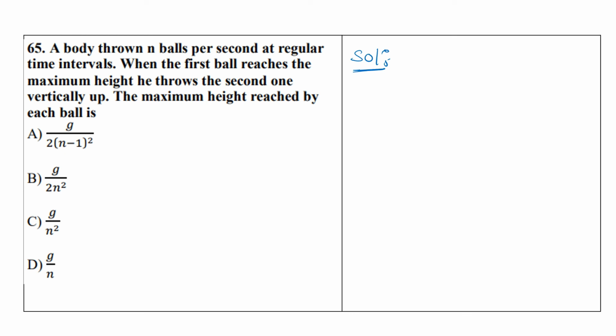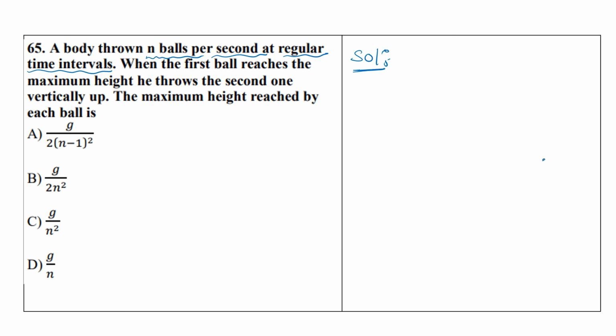Here n balls per second at regular time intervals. When the first ball reaches the maximum height, he throws the second one vertically upwards. So we have to calculate the maximum height reached by each ball, n balls per second at regular time intervals.